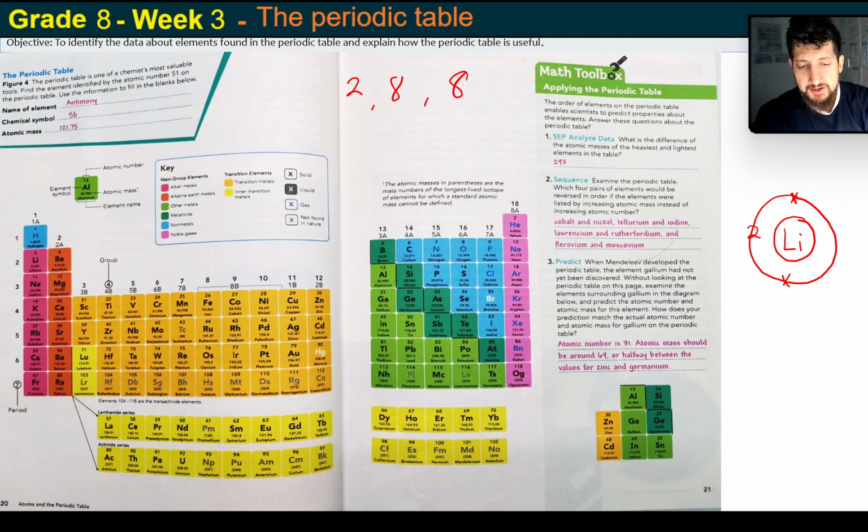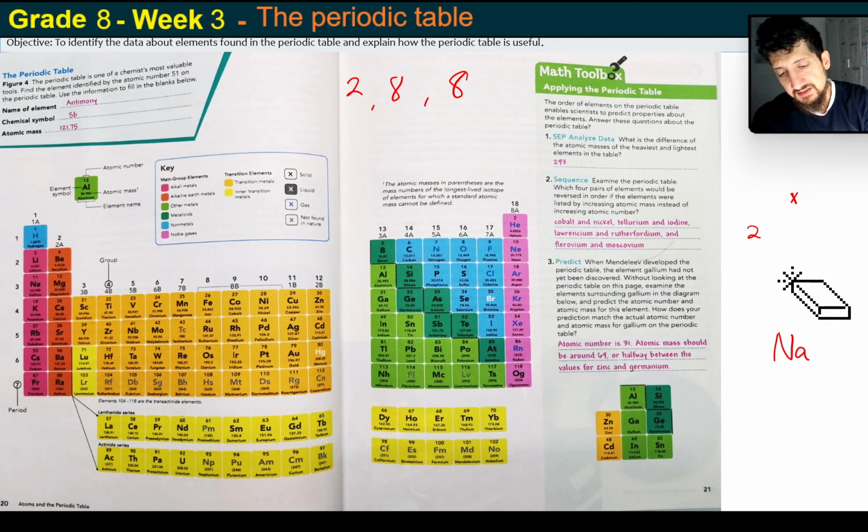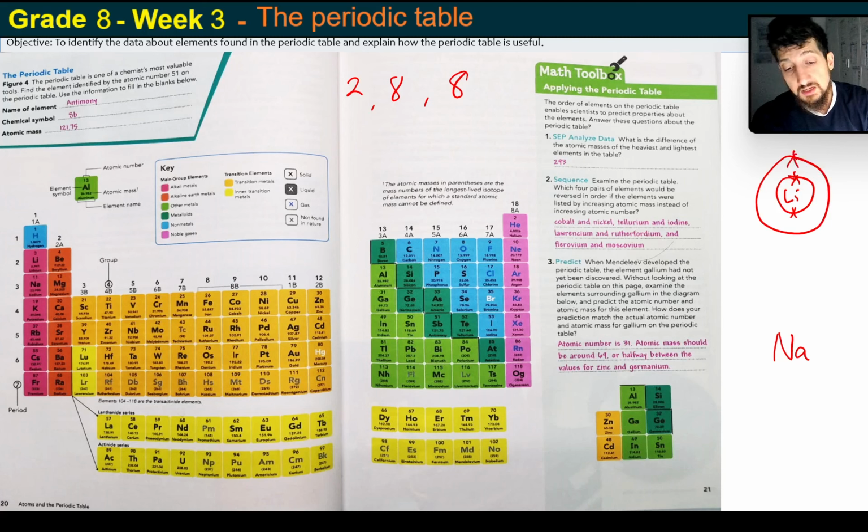Now, what about sodium? Well, sodium is under lithium, but sodium has 11 electrons. So what does that look like? Well, remember we said lithium has 3. So lithium looks like this: 2 on the inside and 1 on the outside. Sodium has 11.